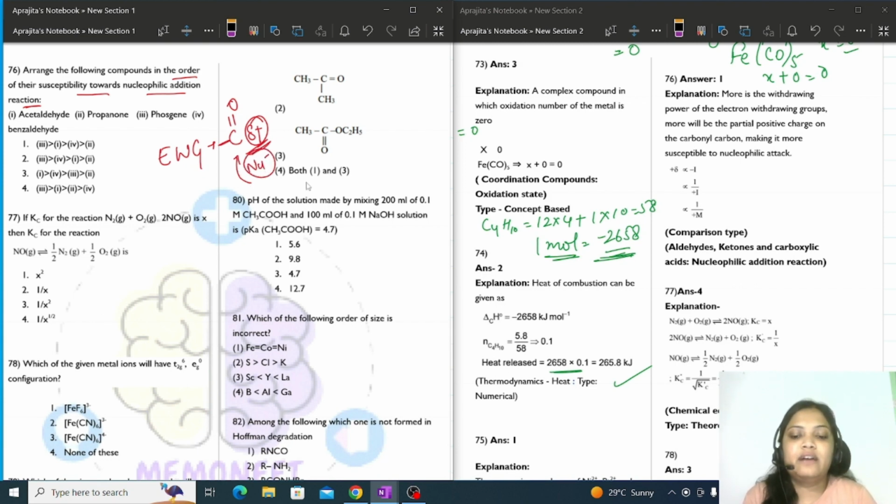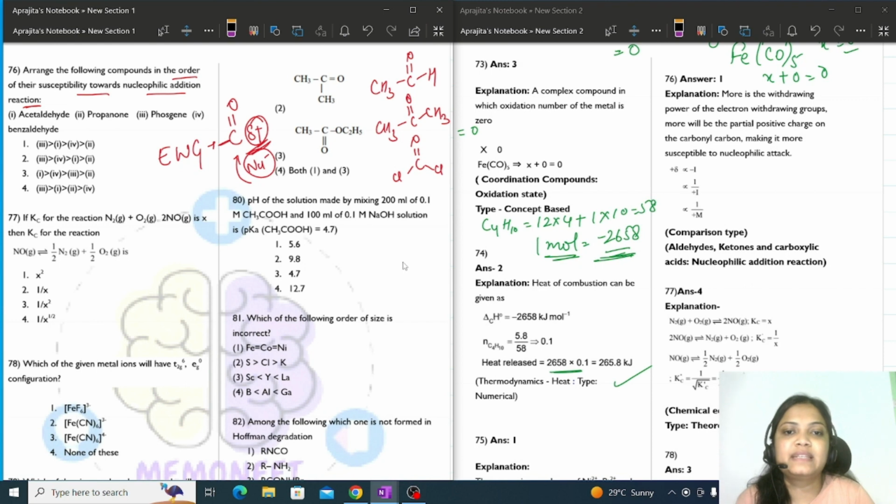Now let's have a look at these molecules. So acetaldehyde is CH3CHO, propanone is CH3 C double bond O CH3, phosgene is COCl2, and the last one is benzaldehyde. So it's C6H5CHO.